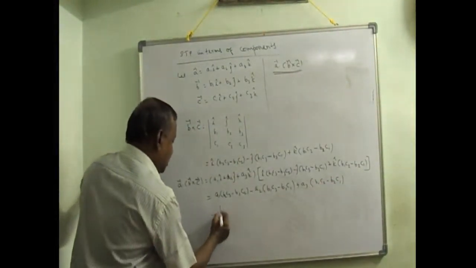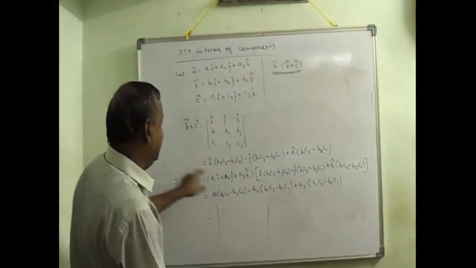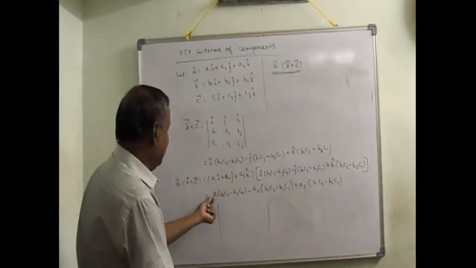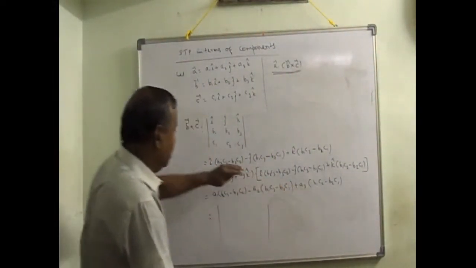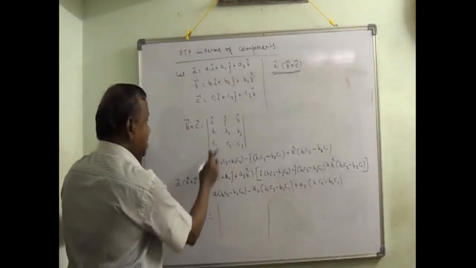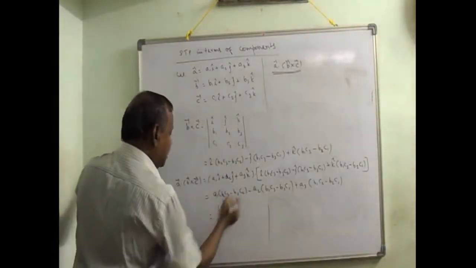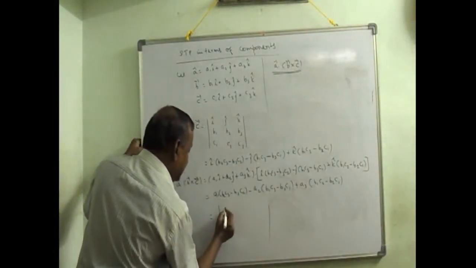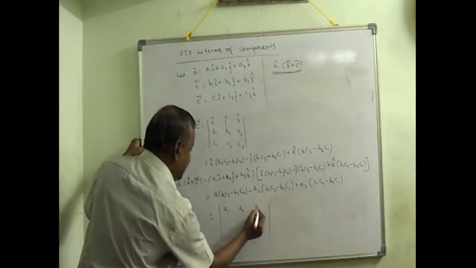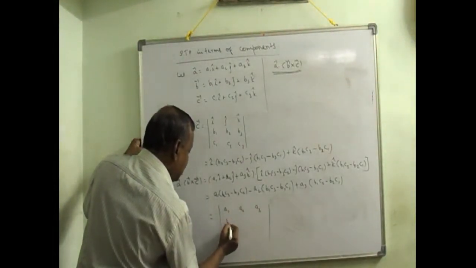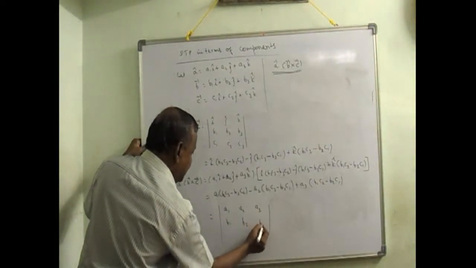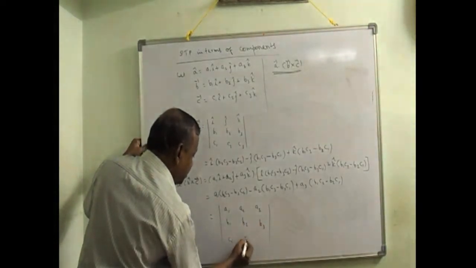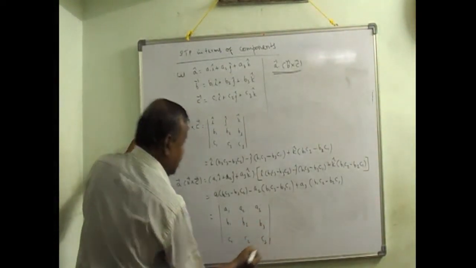So in place of i, j, k, here we have A1, A2, A3. Rewriting like this, instead of i, j, k we write A1, A2, A3, then B1, B2, B3, C1, C2, C3.